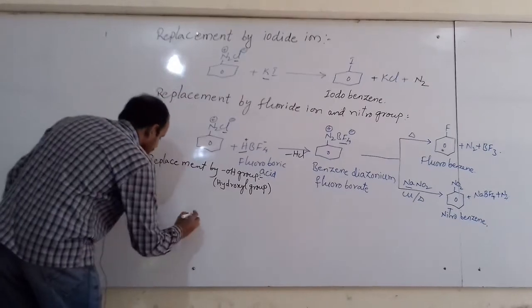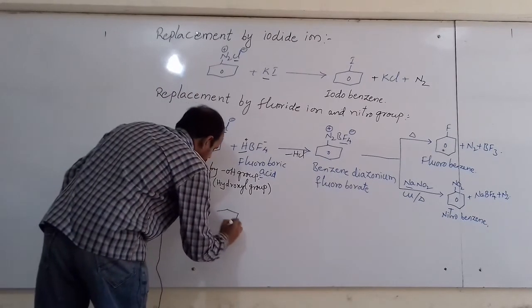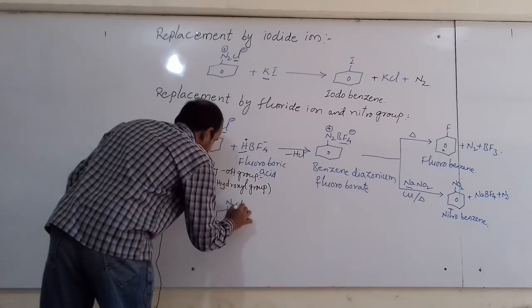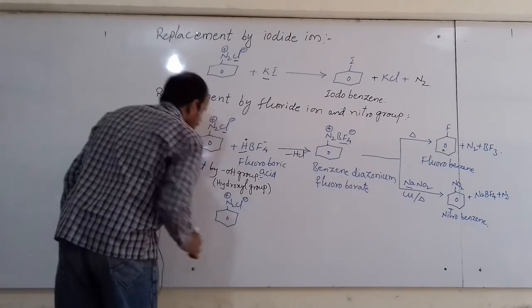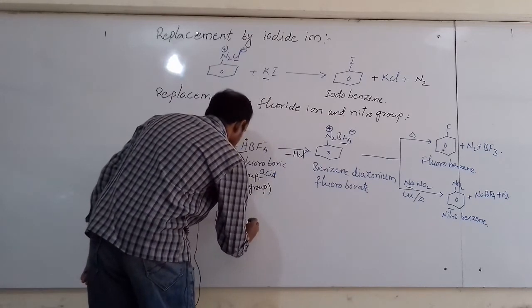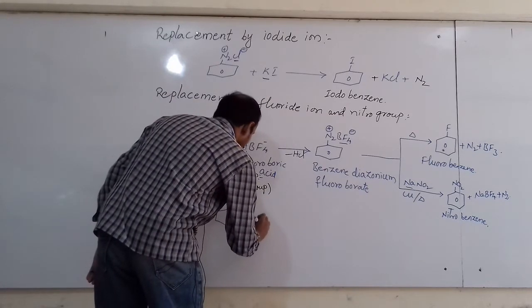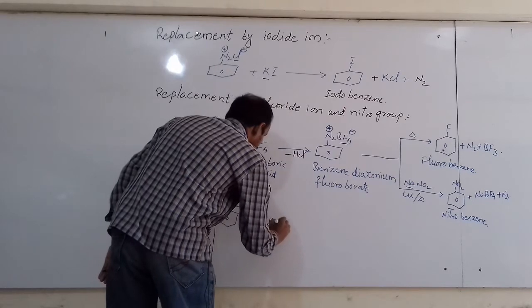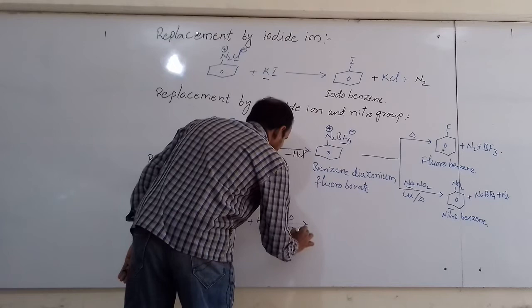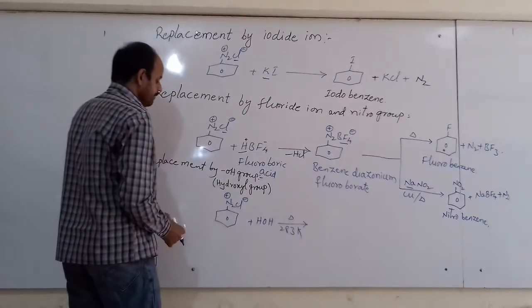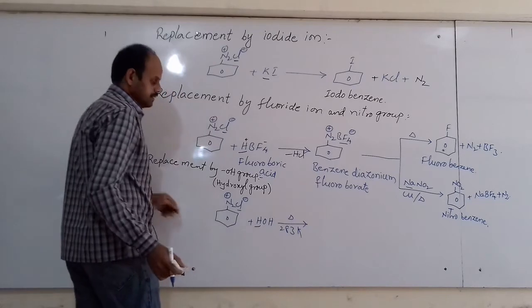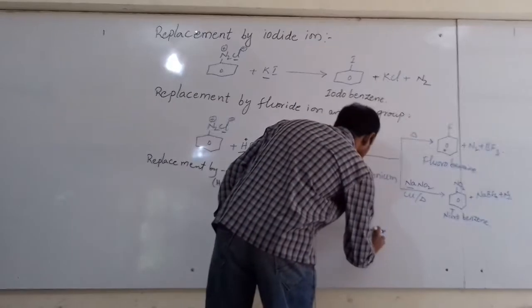Okay. Now take benzene diazonium chloride, N2Cl, which is heated with water. Water means H2O. On heating up to 283 Kelvin, here H and here Cl are removed as HCl.